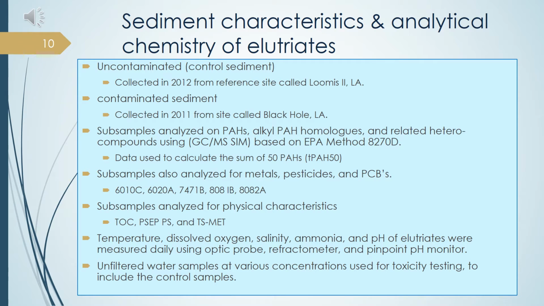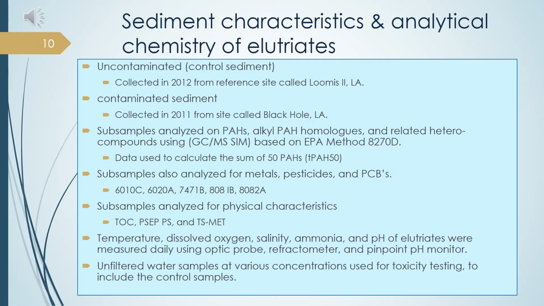And after field collection and before toxicity testing, subsamples were sent to labs for analysis on the PAH, alkylated PAH homologs, and related hetero compounds using gas chromatography with low-resolution mass spectrometry with selective ion monitoring. That's the GC-MS-SIM, based on the U.S. Environmental Protection Agency EPA method 8270D.